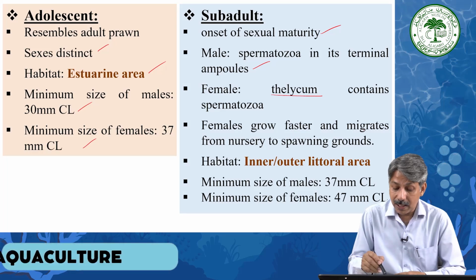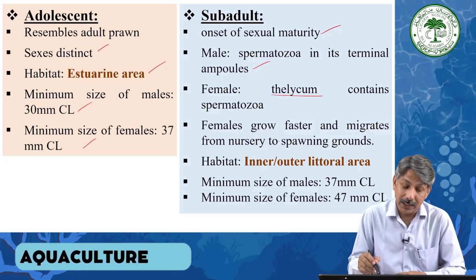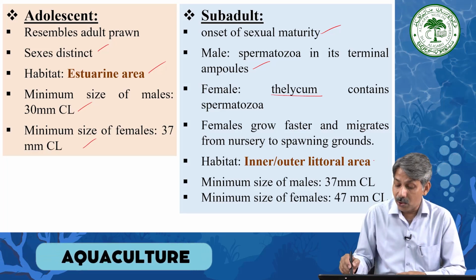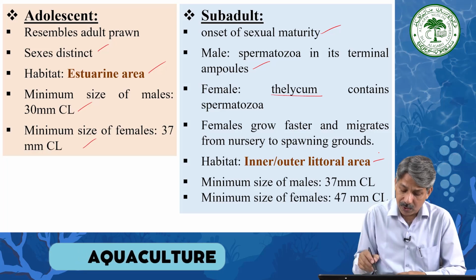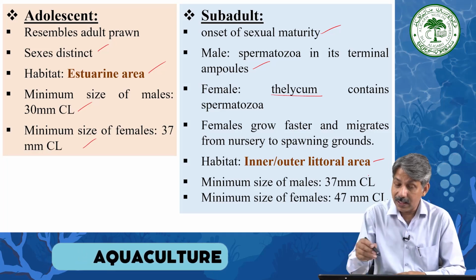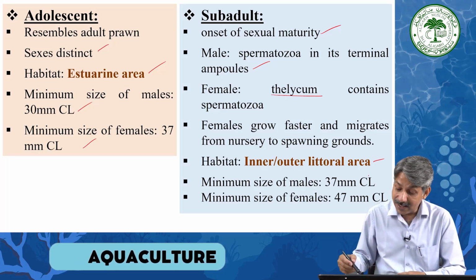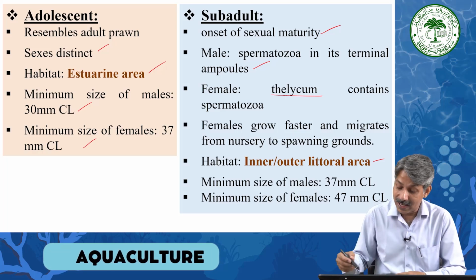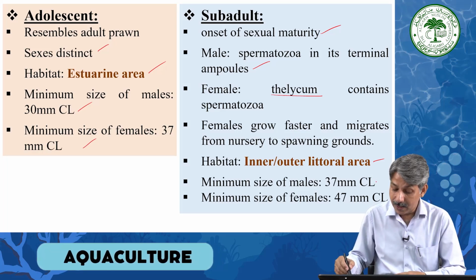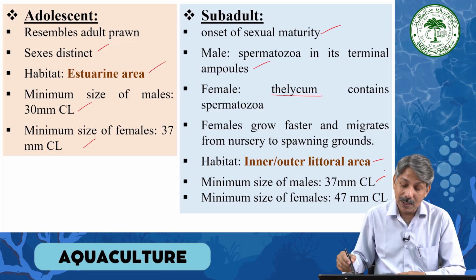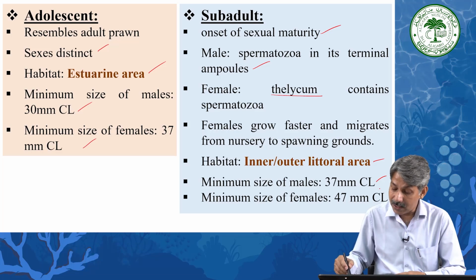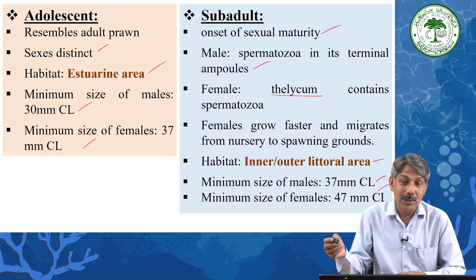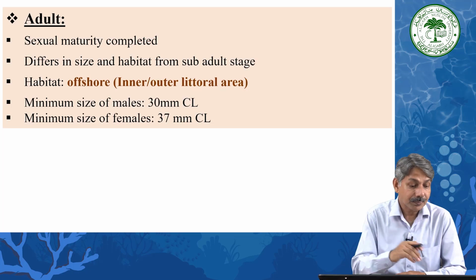Females grow faster and migrate from nursery to spawning ground. Habitat is the littoral area, inner and outer littoral area. Minimum size of males in the subadult stage is now slightly bigger: males minimum size 37 millimeter and minimum size of females 47 millimeter carapace length.